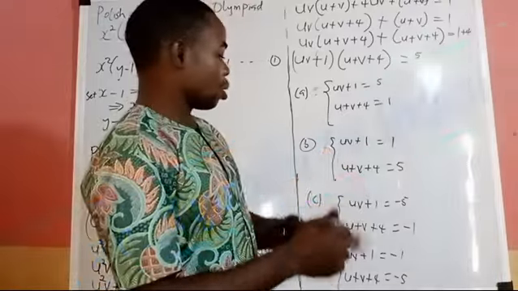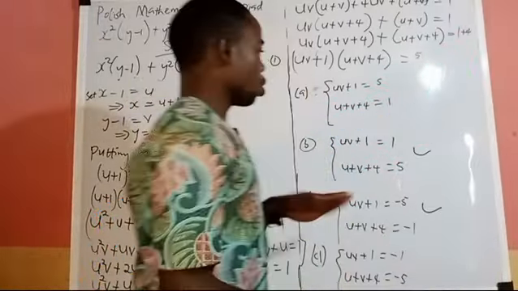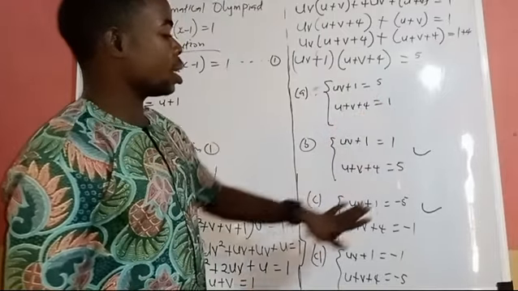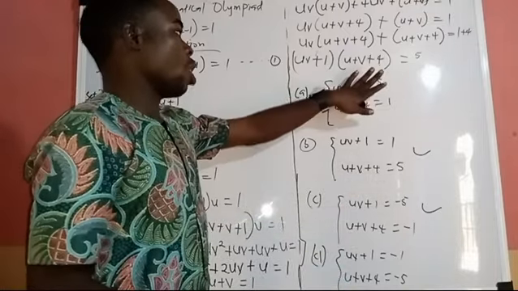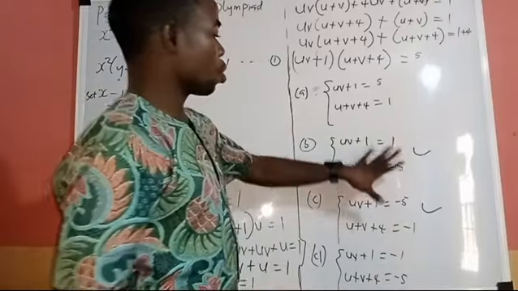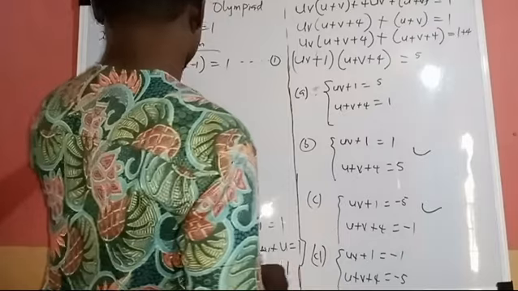The two that have solution here are this B and this C. So we are just going to concentrate and solve B and C. You can also proceed to solve A and D, and discover that you're not going to be getting any solution from there. But we are going to solve B and C, and then we get the solution to this equation right here.